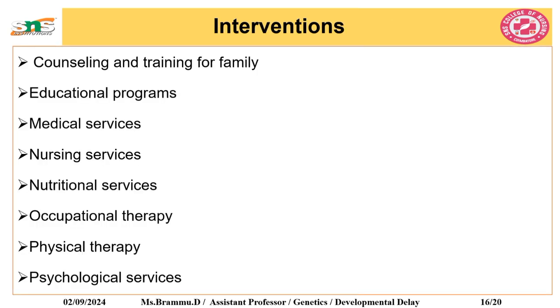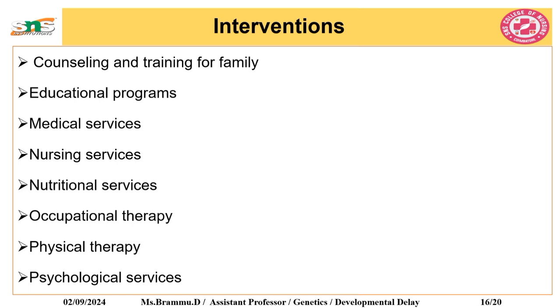So first we saw what the causes are and what the possible screening tests can be. Coming to the intervention, it is not just like normal medical surgical conditions where we give drugs. Here we have to go for deep counseling and training for the baby as well as the family.